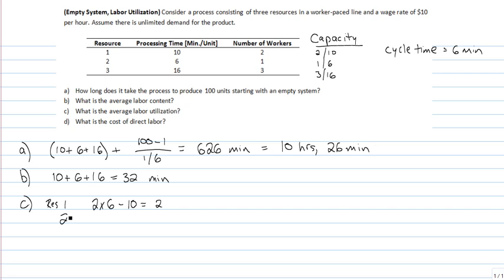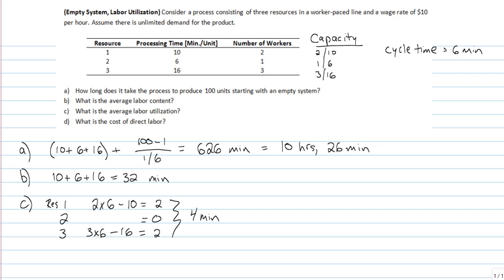For resource 2, which is the bottleneck, we know that there must be 0 idle time. And for resource 3, we have 3 workers times 6 minutes cycle time minus 16 minutes of activity time for 2 minutes of idle time. Altogether, that means we have 4 minutes of idle time.